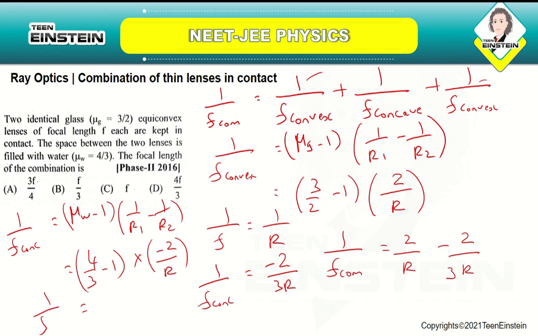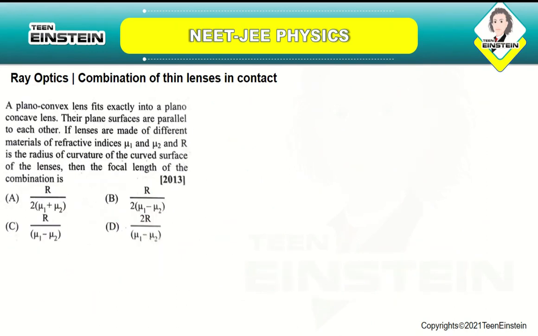So, the overall focal length of combination, if you solve this, you will be getting it as 3f by 4. Okay. So, the correct answer is option number A. So, the focal length of combination will be 3f by 4. Okay. Let us now move on to the next question.